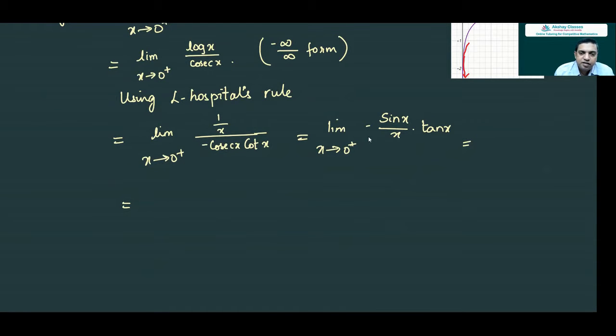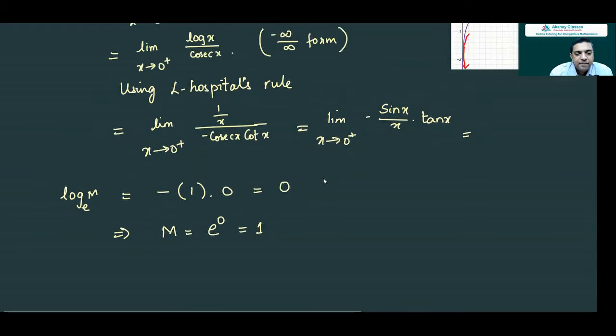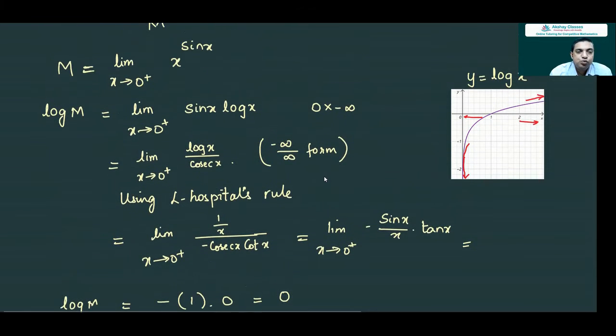When you apply the limit, sine x upon x as x tends to 0 is 1, and tan x as x tends to 0 will tend to 0. So it is 1 into minus 1 into 0, it is 0. So this limit log m to the base e is 0, which implies m is e power 0, which is 1. So this limit tends to 1.